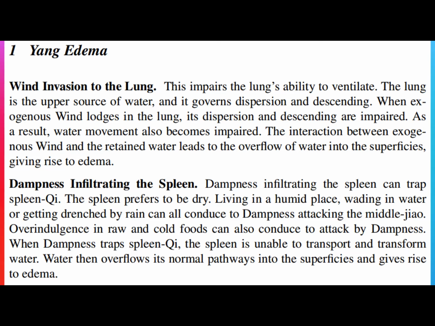When exogenous wind lodges in the lung, its dispersion and descending are impaired. As a result, water movement also becomes impaired. The interaction between exogenous wind and the retained water leads to the overflow of water into the superficies, giving rise to edema.